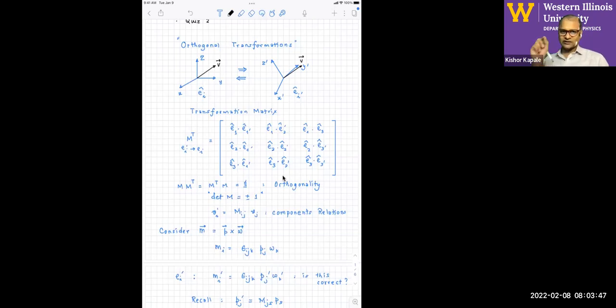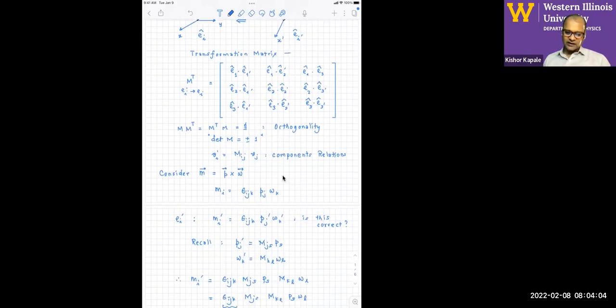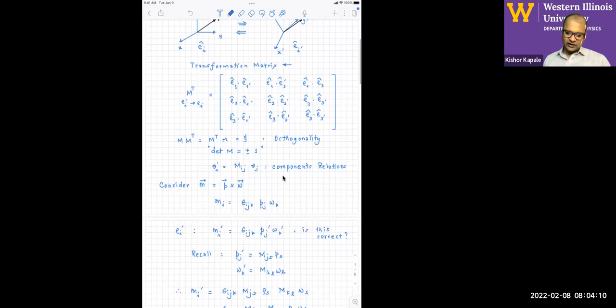Okay, so the vector doesn't change. It's because of the choice of the coordinate systems that the components change. And so there is quite often a need to transform the vector components from one coordinate system to the other coordinate system. And that is done through a so-called transformation matrix, which is essentially all possible dot products.